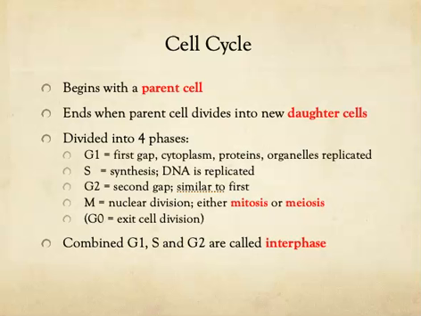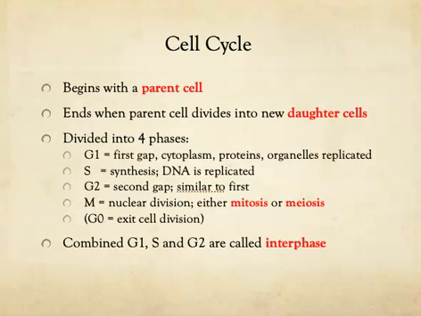Now, the other terminology that we need to know regarding the stages of the cell cycle is that we can combine G1, S, and G2 together into what we call interphase. So when scientists were first examining dividing cells under the microscope, they noticed that very little was visibly happening during those first 3 stages, G1, S, and G2.